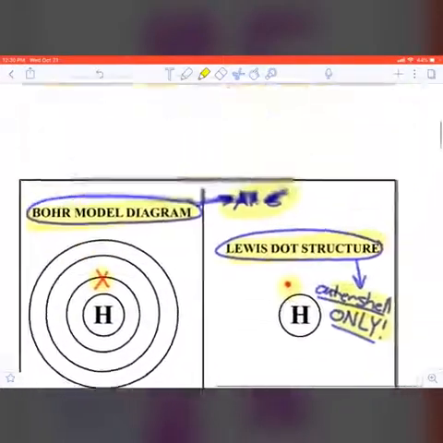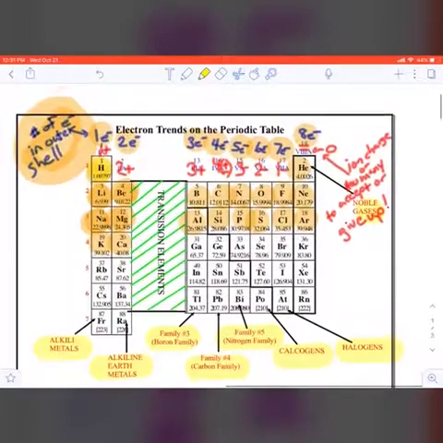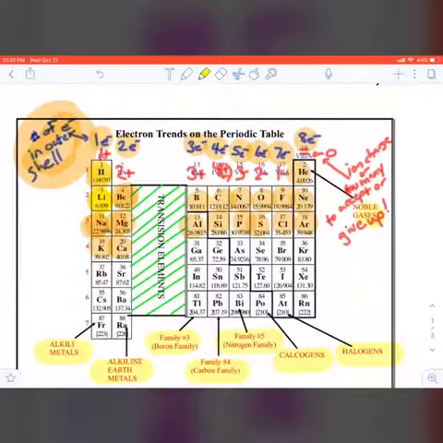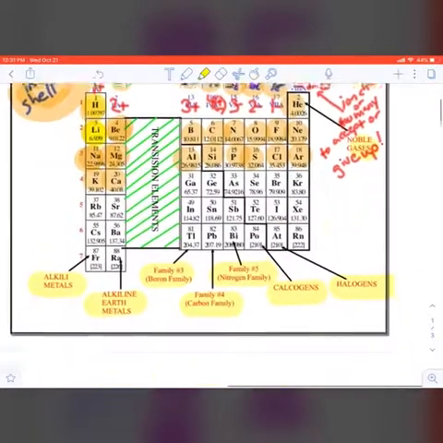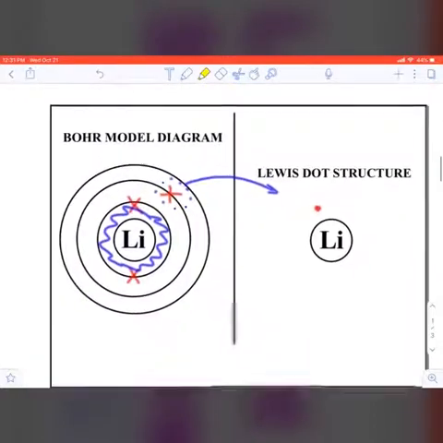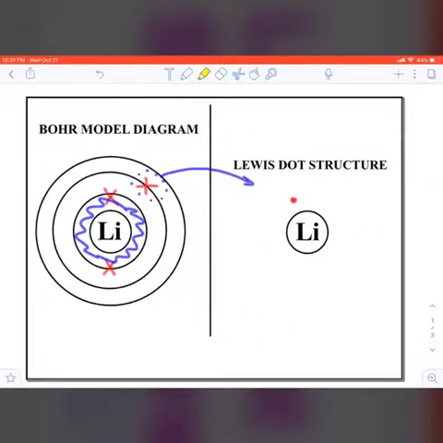All right, lithium. Coming all the way back up here. Where's lithium? Well, lithium's right there. Okay, lithium has 3 total electrons. So 1, 2, 3 total electrons. 2 in the first, so if we did the electron configuration, we'd write 2, comma 1. 2 in the first, 1 in the outer shell.